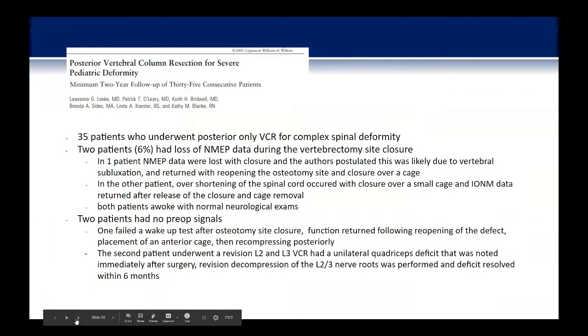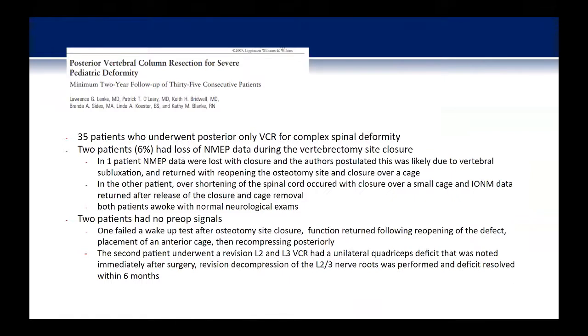So this is just a little bit of a literature review. This is posterior vertebral column resection for severe deformity, Dr. Lenke's group, 35 patients. They looked at posterior only vertebral column resection, and in their series they had a 6% loss of neuromonitoring data during the vertebrectomy closure.